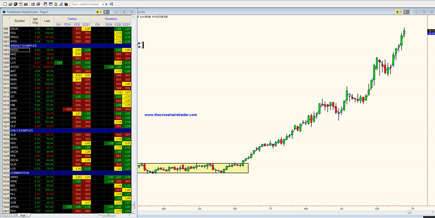What I want to go over today in this educational video and description of an edge is the breakout. I use the TradeStation platform, and I've developed a workspace specifically for the TradeStation platform, and it is available to Crosshairs traders.